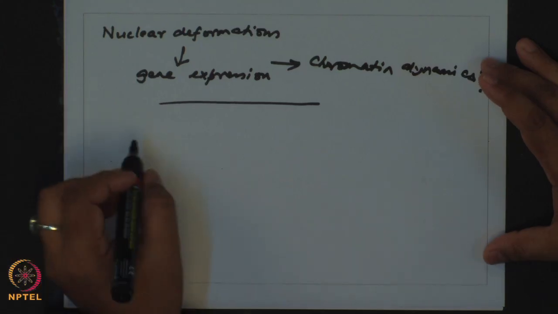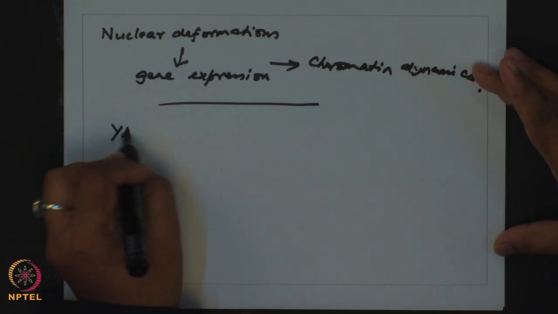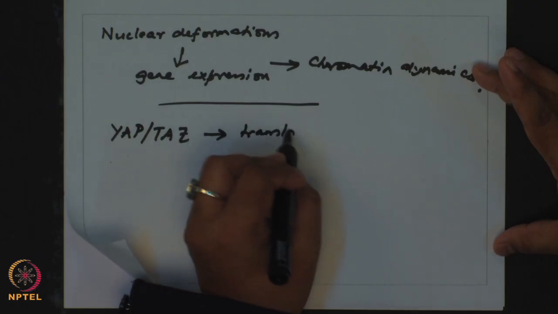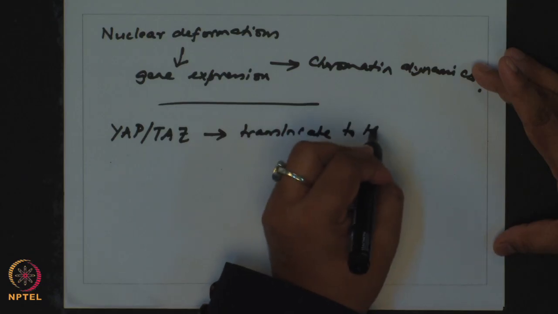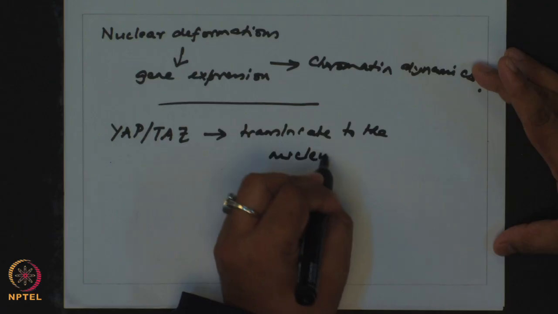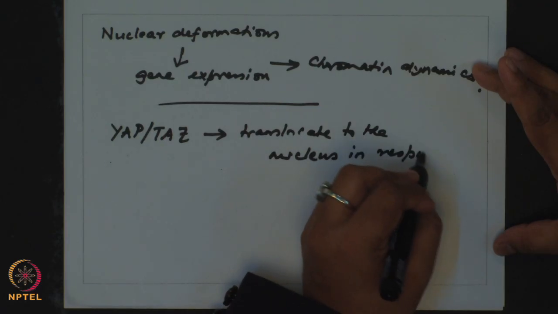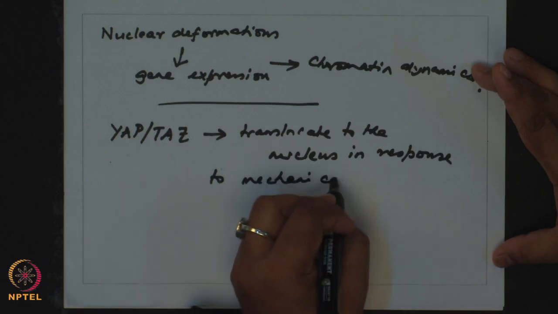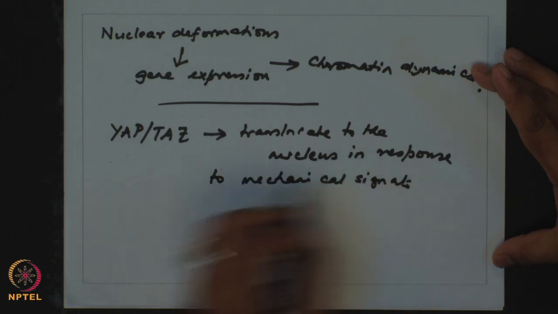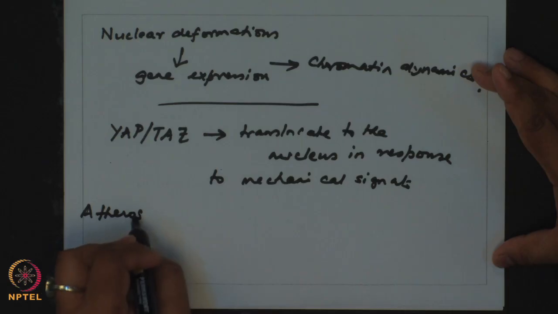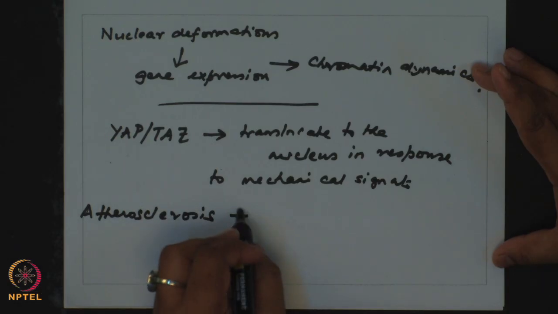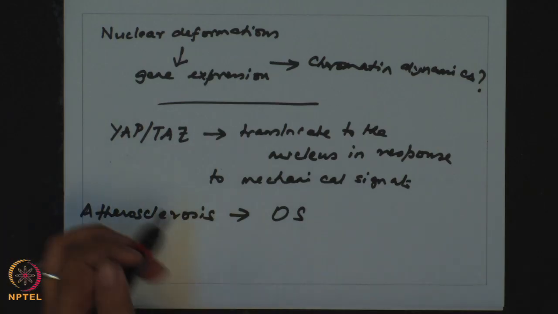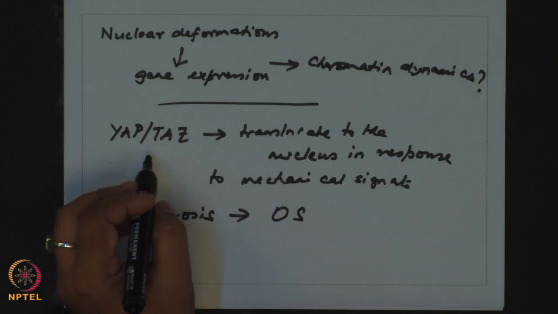I have already taken the example of the YAP/TAZ transcription factor, which translocates to the nucleus in response to mechanical signals. In the context of atherosclerosis, in response to oscillatory shear stress, YAP/TAZ was shown to translocate to the nucleus.